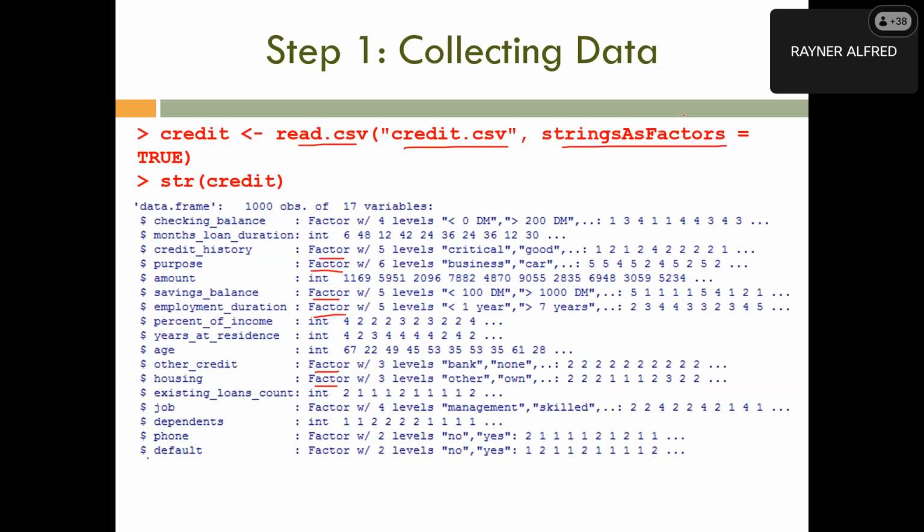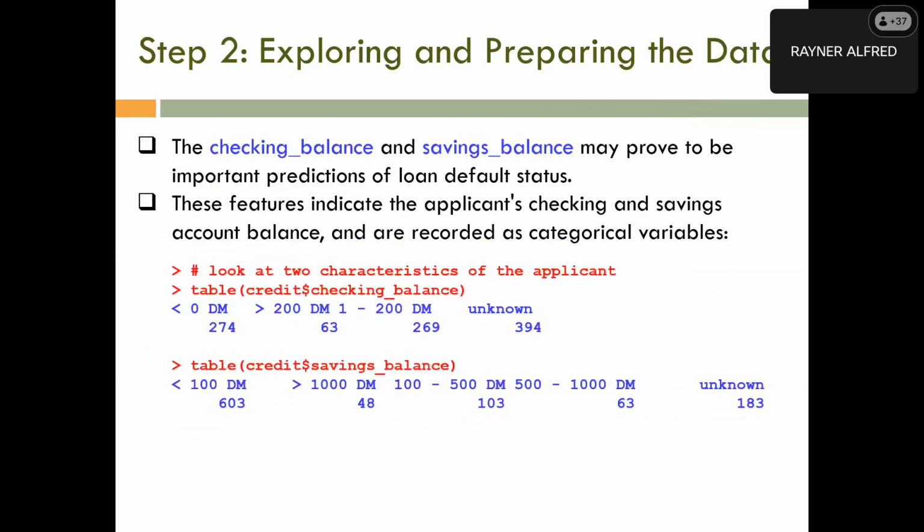If this is not included, then all of the values will be maintained as a string of characters. But in this case, we do not want to have string of characters. We want to consider them as label. Like this one, purpose: business, car. So this is label. We have 17 features, and we have 1,000 samples.